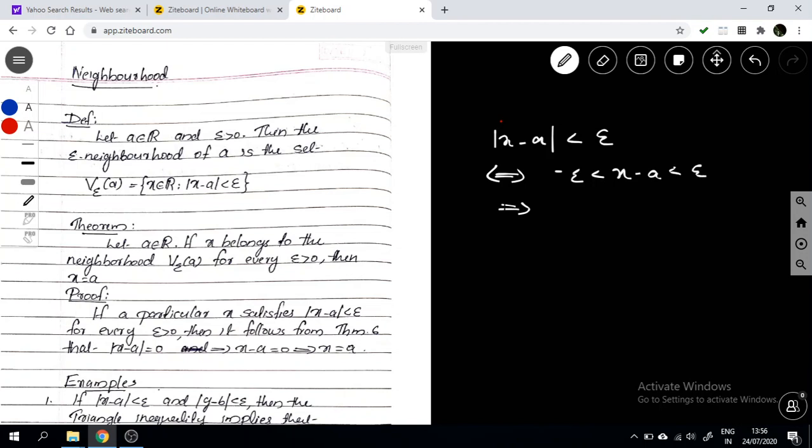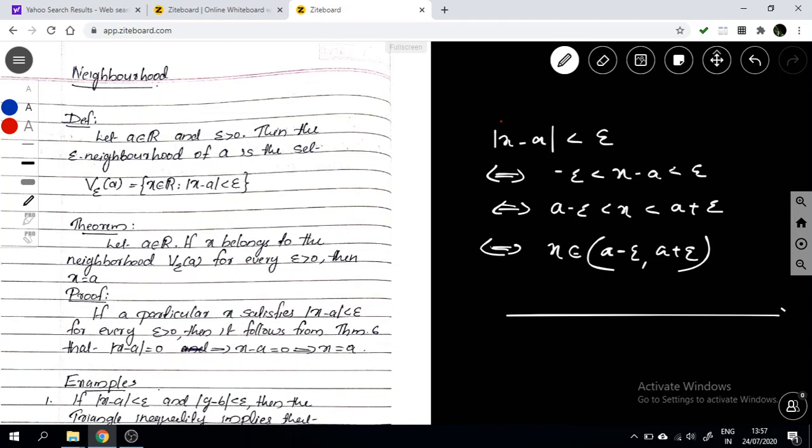And this is if and only if a minus epsilon less than x less than a plus epsilon, or x belongs to the open interval a minus epsilon, a plus epsilon. That is, modulus of x minus a less than epsilon means x belongs to the open interval a minus epsilon, a plus epsilon.